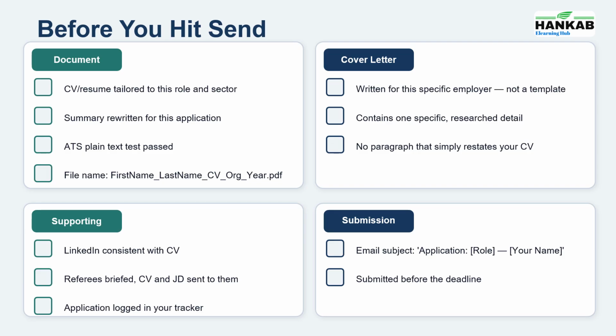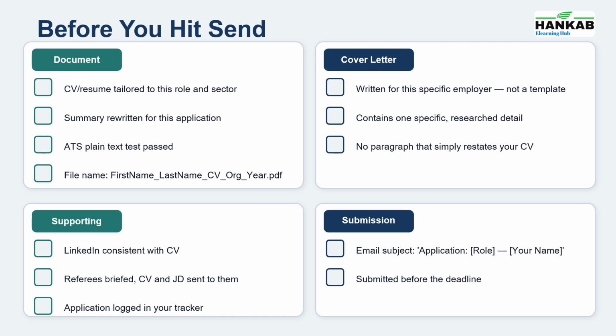Have you saved your file with a professional name? Let me pause on file naming because I want to be specific. A recruiter receiving 200 applications, all named CV.pdf, has to open every single file to know whose it is. That is 200 files with no names.